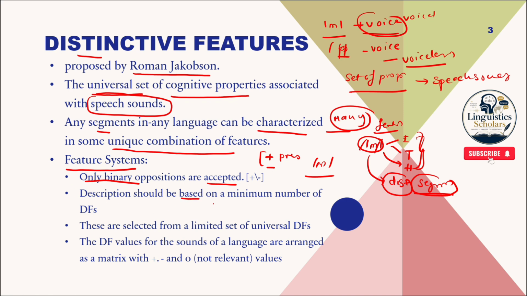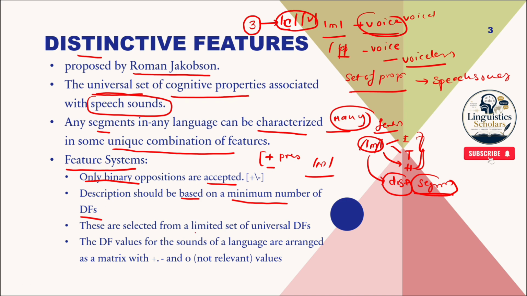The description should be based on a minimum number of distinctive features. As we have seen, we need a minimum of three features to distinguish one sound in English from another, whether it is a consonant or a vowel.